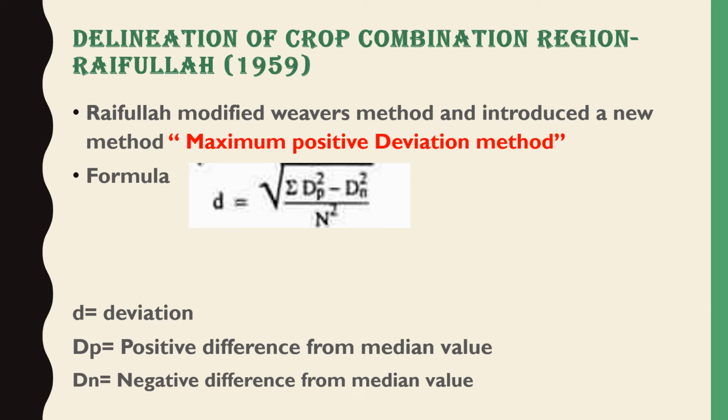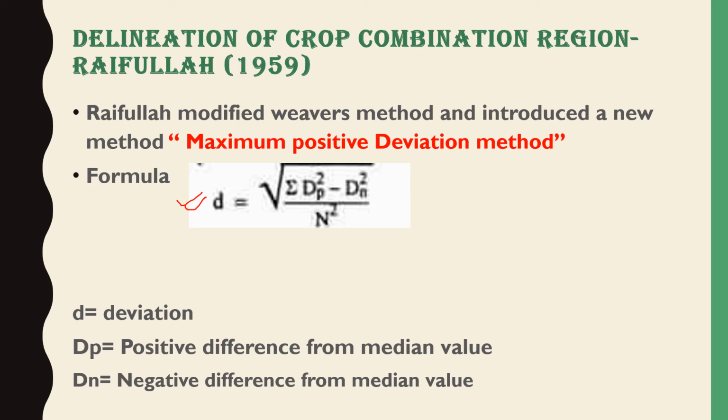So next, coming to this delineation process given by Raifullah. Raifullah introduced a maximum positive deviation method. Maximum positive deviation method for delineating crop combination region, which is quite complex rather than Weaver and Doi. But for NET exam, it is very important question to ask that who postulated maximum positive deviation method.